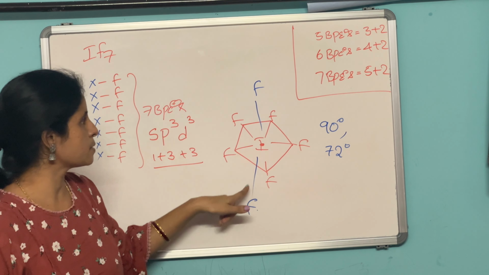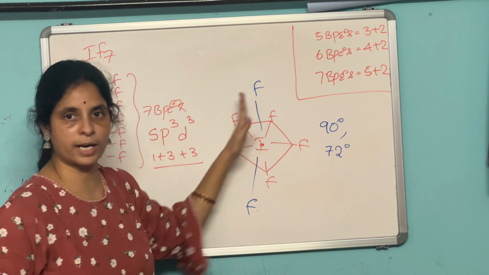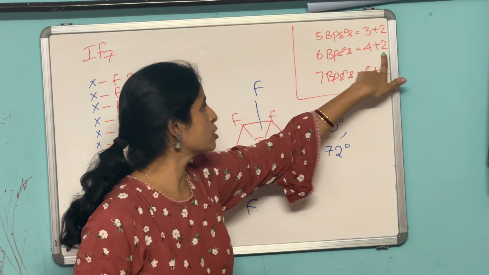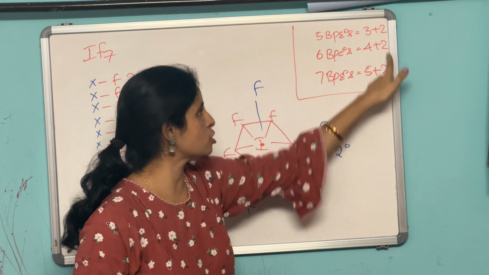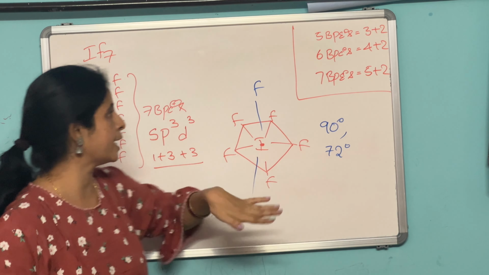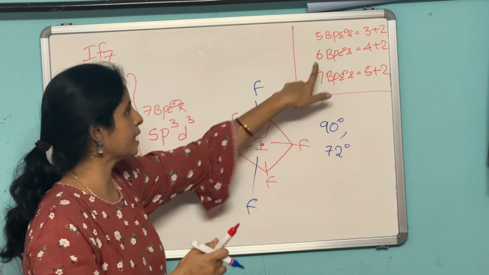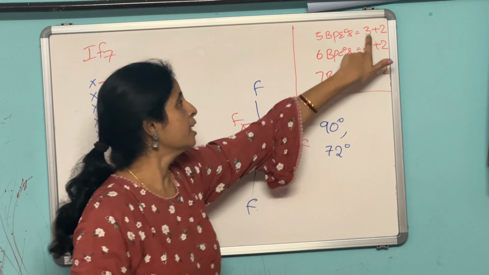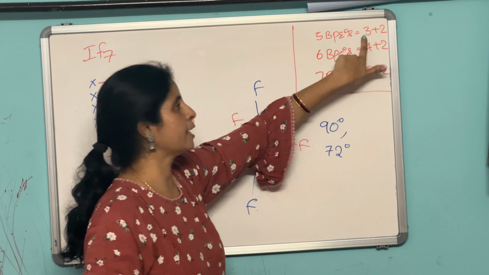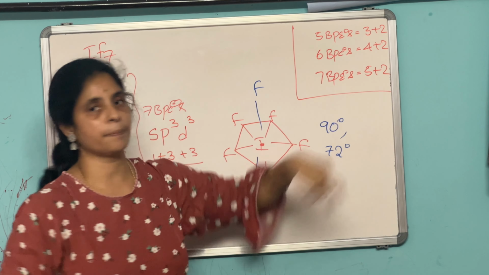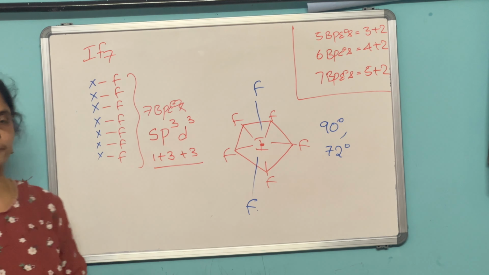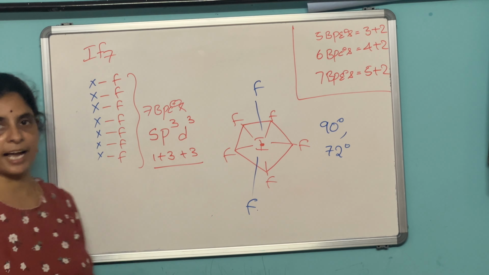The 2 atoms, 1 above the plane, 1 below the plane, are perpendicular to the plane. For 6, these 2 atoms are perpendicular to the plane of a square. For 5, these 2 are perpendicular to the plane of a triangle. For 7, these 2 are perpendicular to the plane of a pentagon. And this is about IF7.